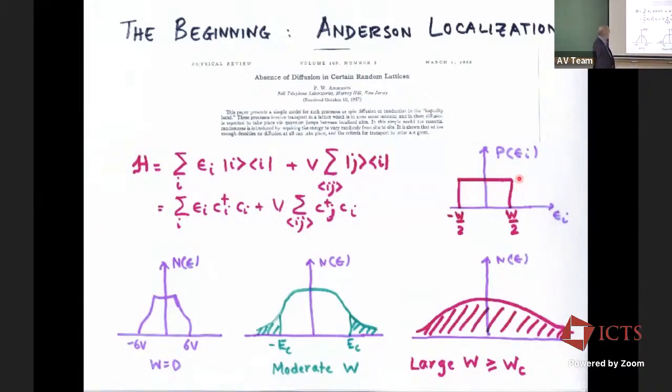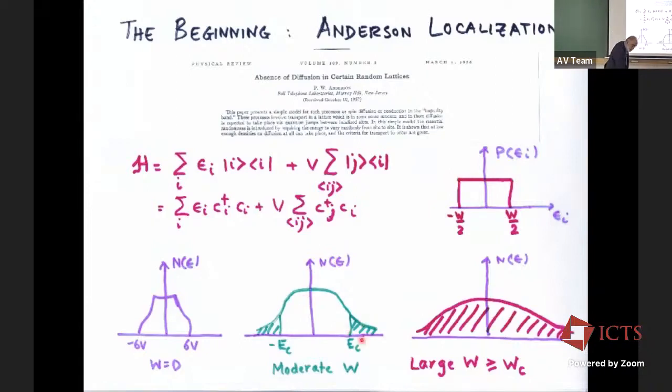What happens as you increase this quantity W? For W equal to 0, the density of states is very well understood. It has its Van Hove singularities, band edges at minus 6V and plus 6V. As you increase W, you develop tails in the density of states, but still most of the eigenstates in the middle of the band are extended.